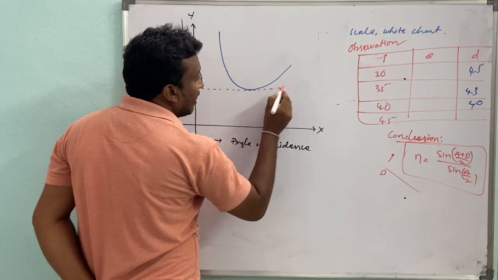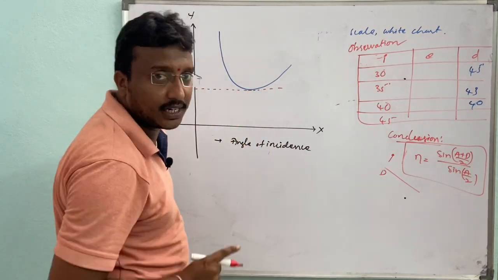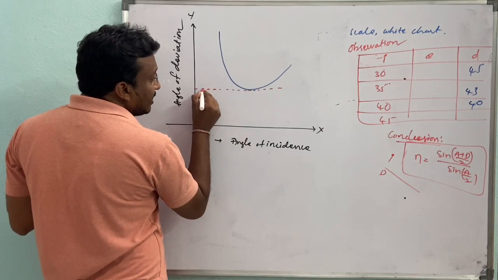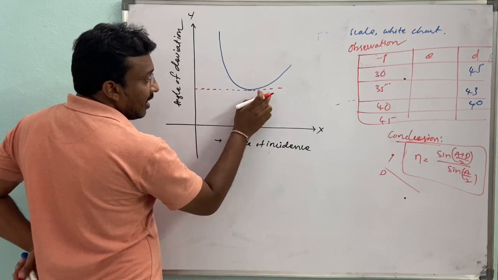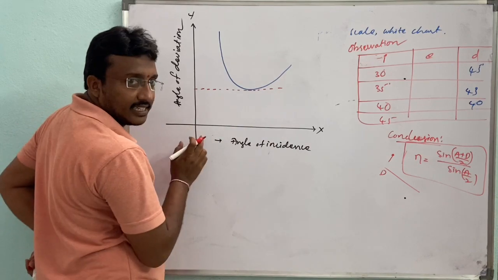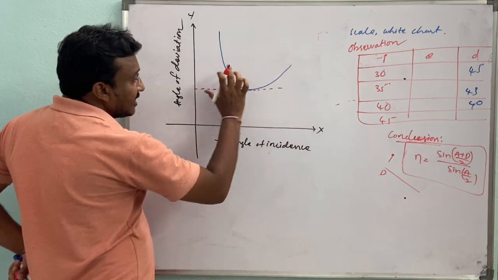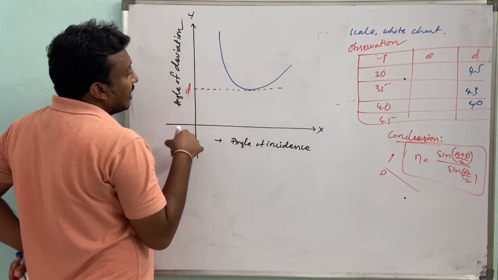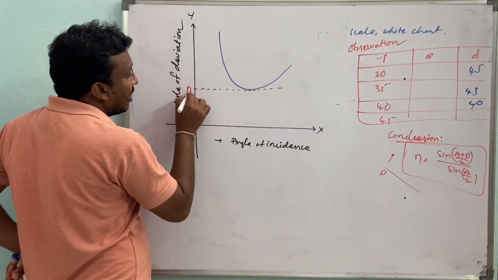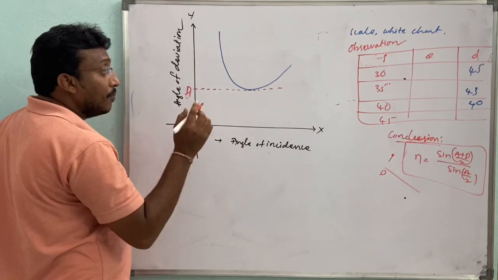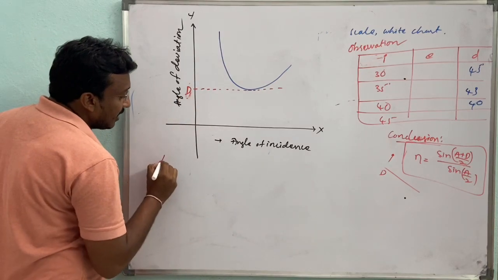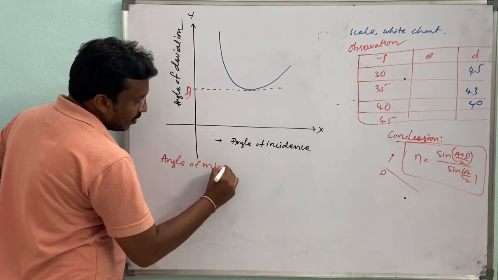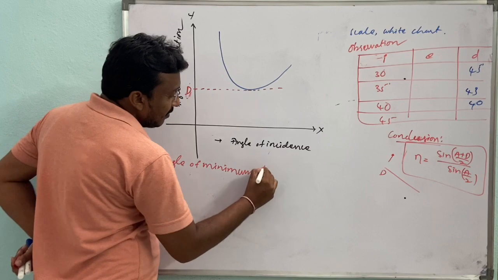Tangent means, you know, the line which touches the curve at one point, right. Then this horizontal tangent, parallel to the x axis, touches the curve at the lowest point, and that gives the minimum angle of deviation, the angle of minimum deviation.